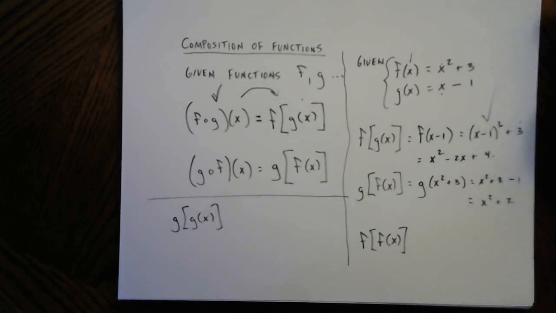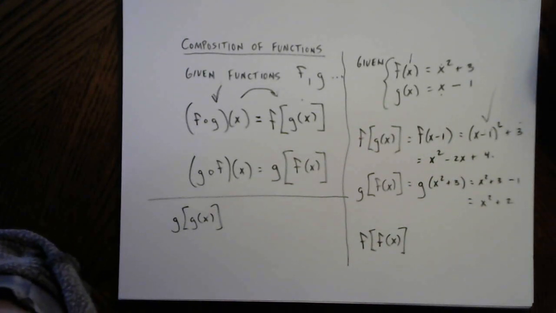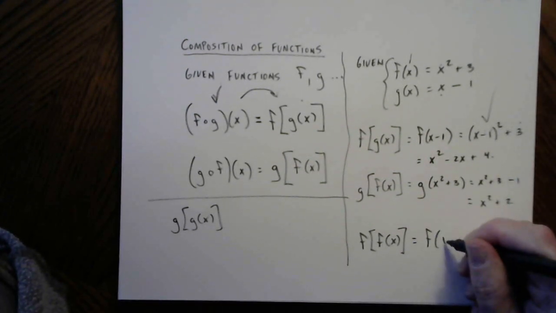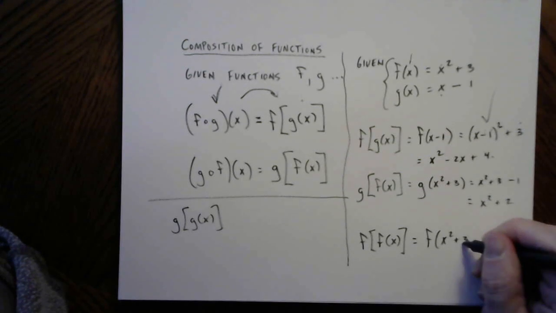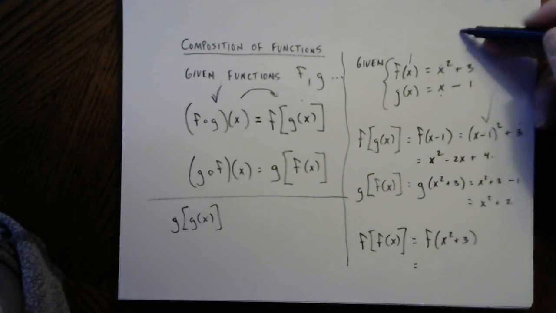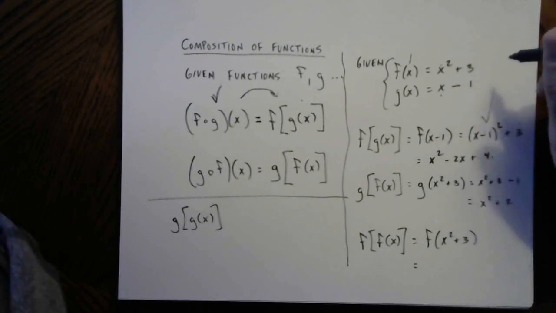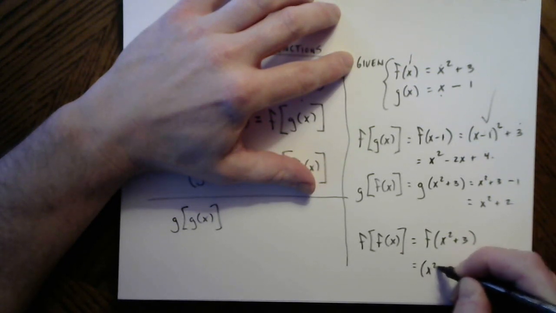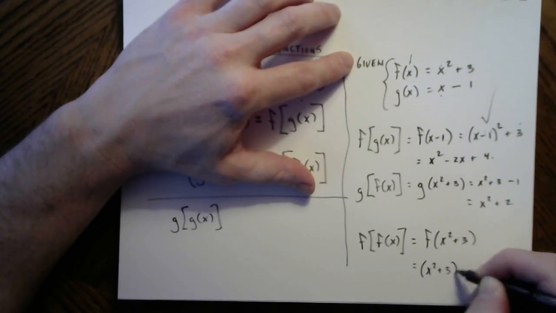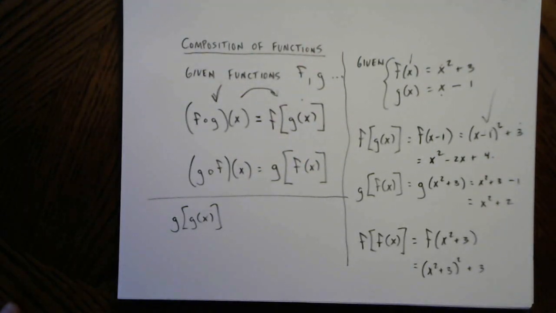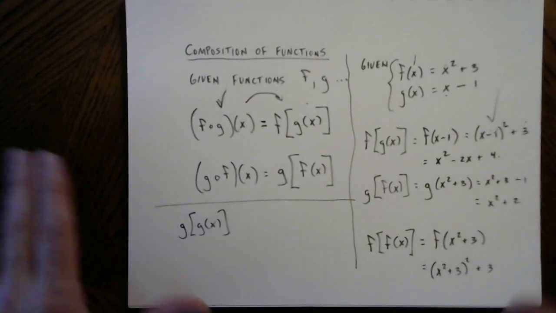All right, now things get a little crazier. f of f. Okay. So this is f of x squared plus 3. So this function goes into itself, which is sometimes a little unnerving. So x squared plus 3 is squared, and then 3 is added. Now this is not one of our essential functions.